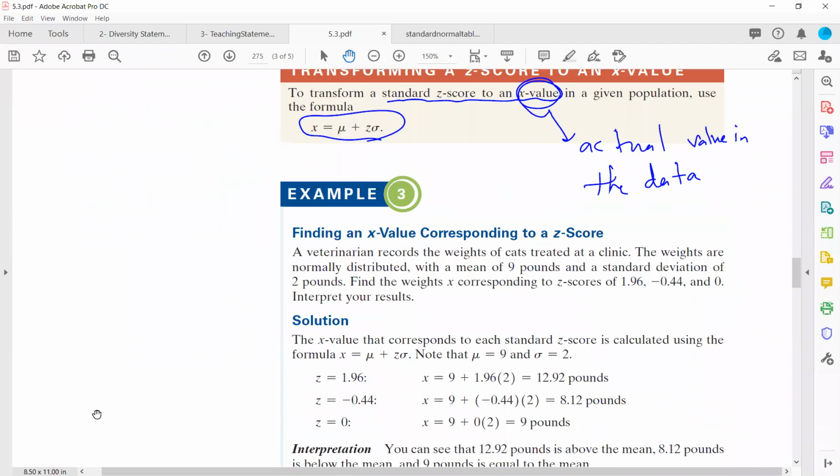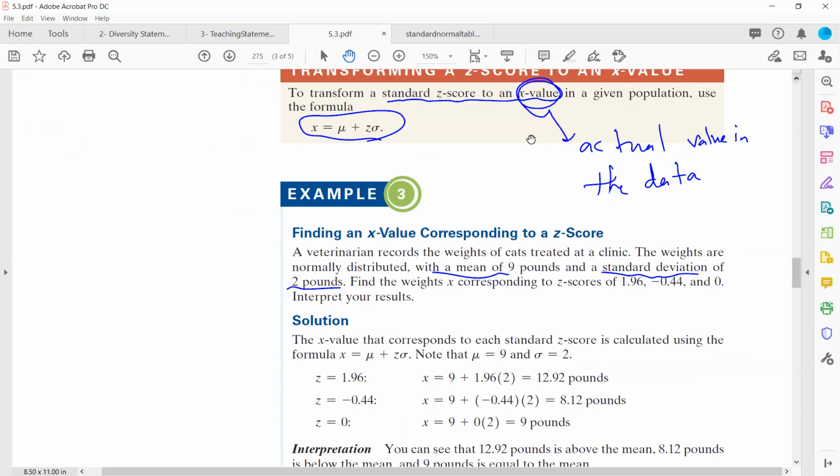In this question, the information that you have is about a vet who records the weights of cats treated at a clinic. The weights are normally distributed with a mean of 9 pounds and a standard deviation of 2 pounds.